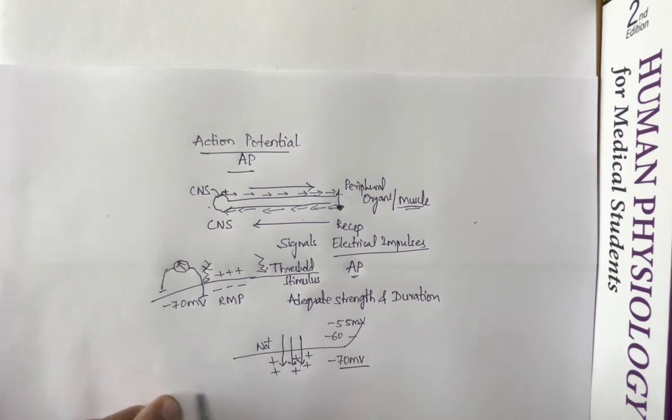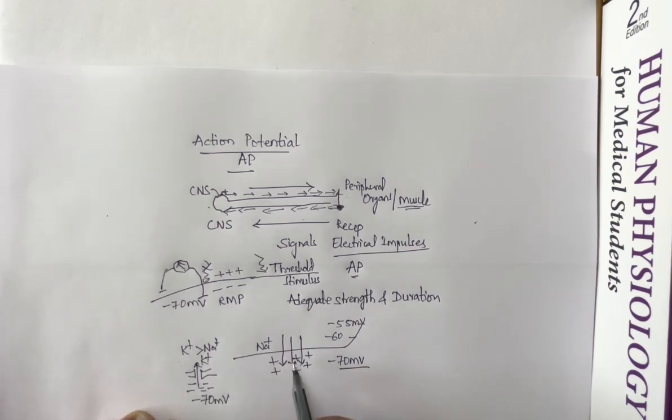Initially at rest, the potassium permeability of the membrane is more than the sodium. So there was a continuous leakage of potassium at rest, taking the positive charge outside and making the membrane potential negative. That was minus 70 millivolt.